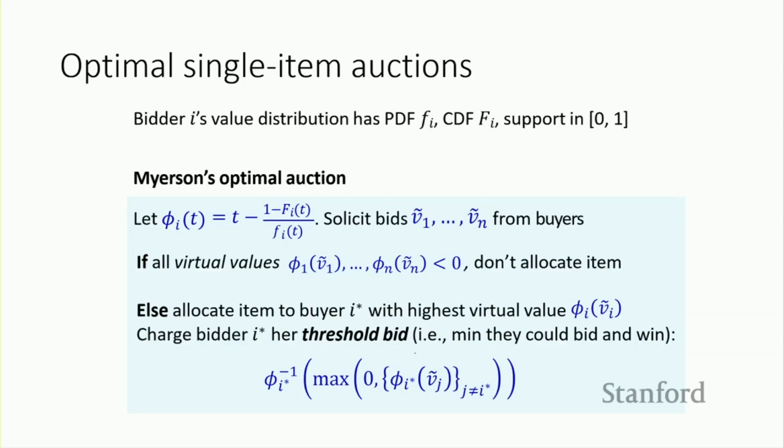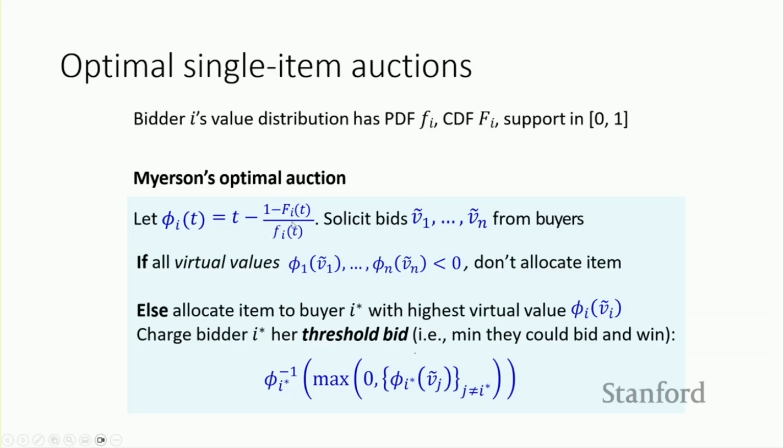So given the distribution of values for each individual, I'm going to define this function, which takes that distribution and computes a new property from it. What I'm going to plug in is the value. So I'll just talk about this in terms of values. It's the value minus some normalized notion of the distribution of values for that individual bidder.